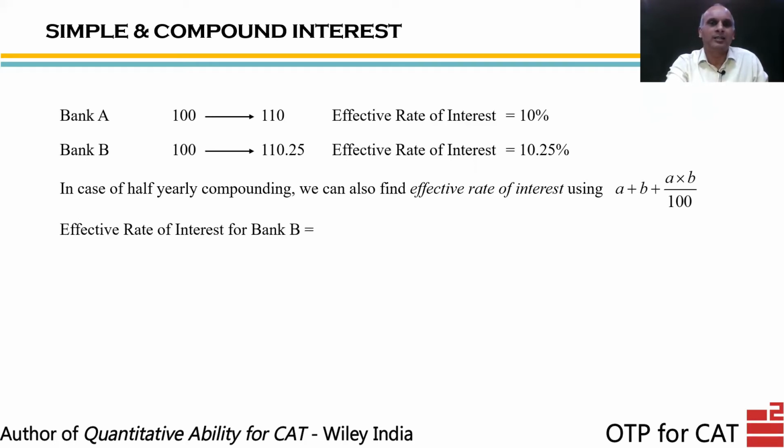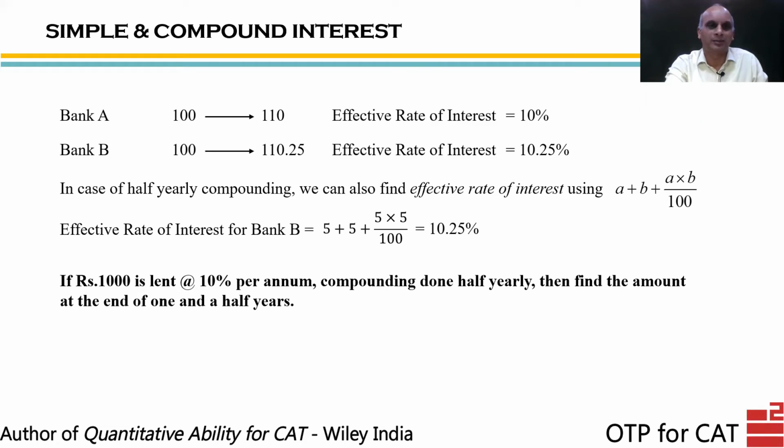Now, in this case, if I apply this formula for Bank B, my A is 5% and B is also 5%, because A and B are per compounding period interest rates. Since it was offering you a half yearly interest rate and the annual rate was 10%, the half year rate will be 5%. And we get the value of 10.25.